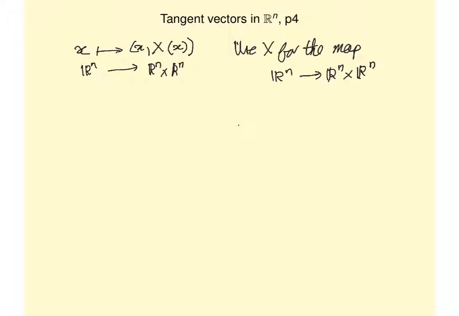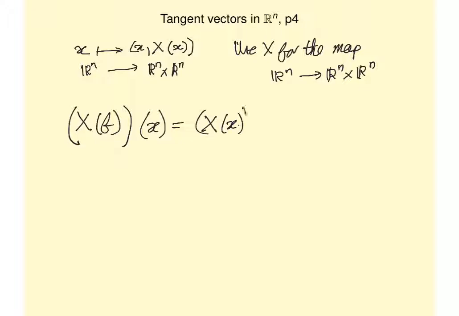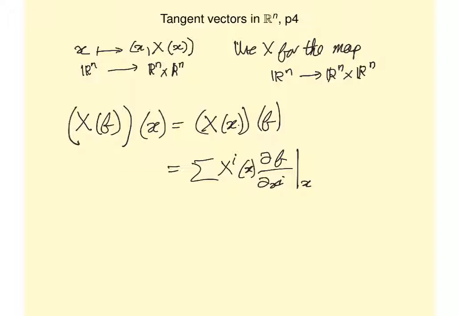And given such a thing, we can operate on smooth functions again. And this is going to be another smooth function. And at the point x, it's going to be X of x acted on f. And that, of course, is sigma capital Xi at x partial f partial xi evaluated at x.